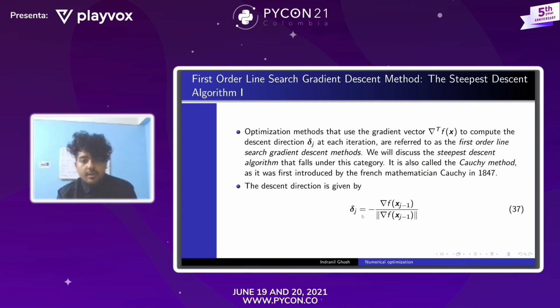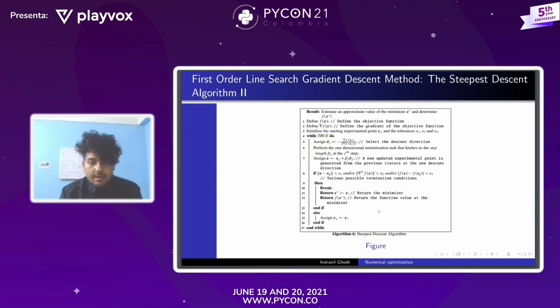That is, to get delta j, we need only the gradient of the objective function at the previous point, the j minus 1th point. So we have just assigned delta j, and we perform the one-dimensional task that we just showed, and we use the steepest descent algorithm.